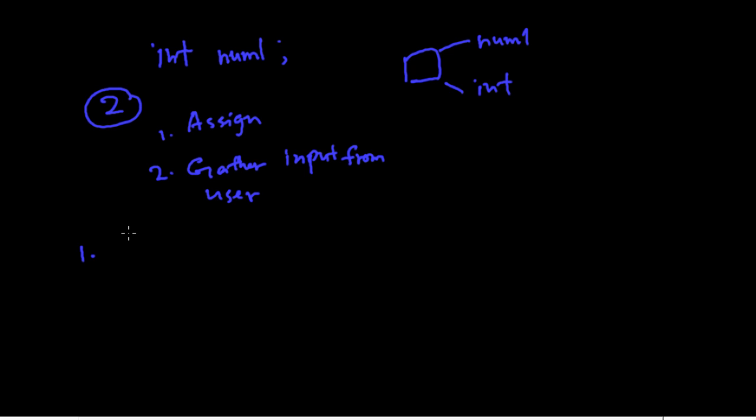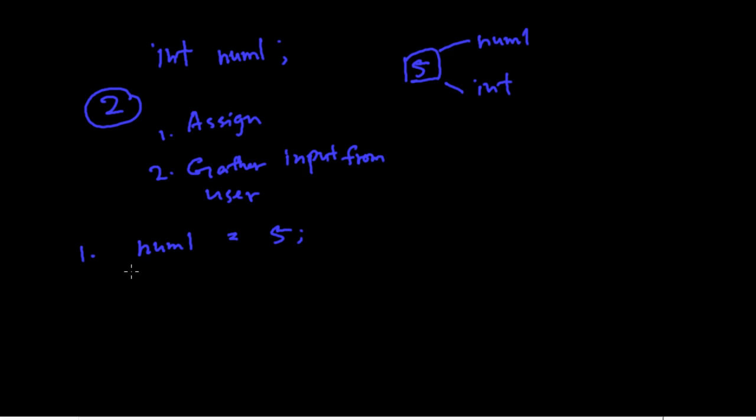Now to assign a value to num1, we'll just put num1 is equals to 5. With this, we're assigning the value of num1. It will retain the value of 5 over here. This is what happens in your RAM memory space. 5 is inside num1. So if you were to ask the computer, what's the value of num1? It'll return as 5.